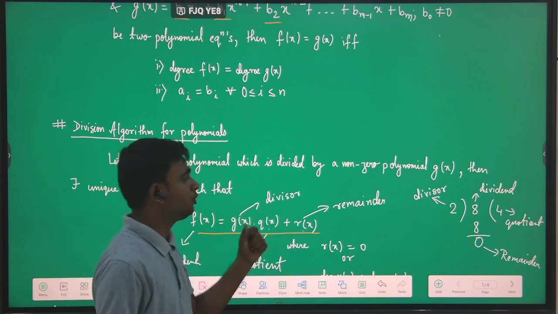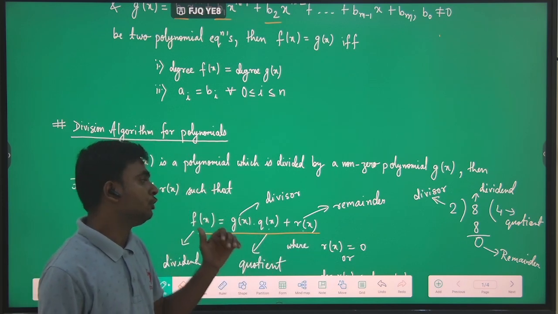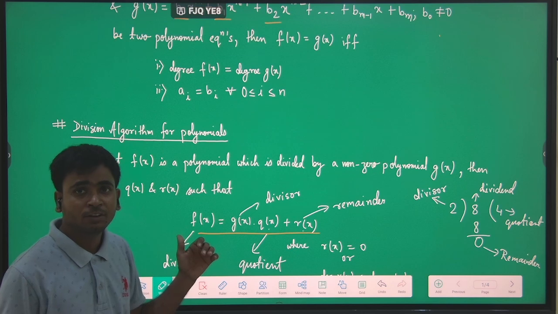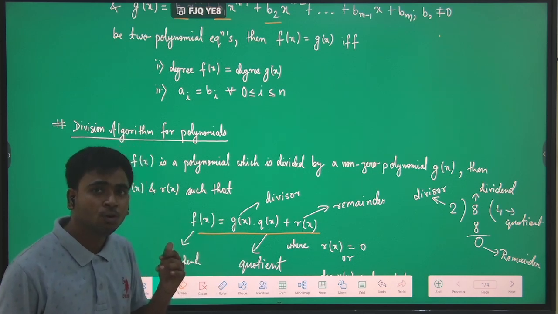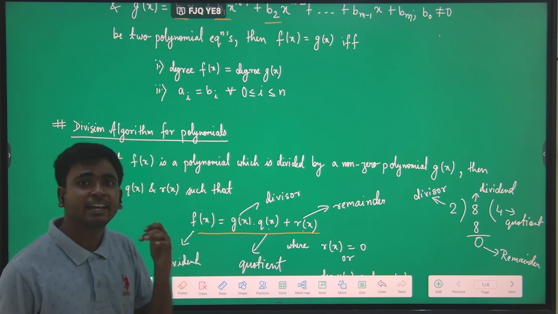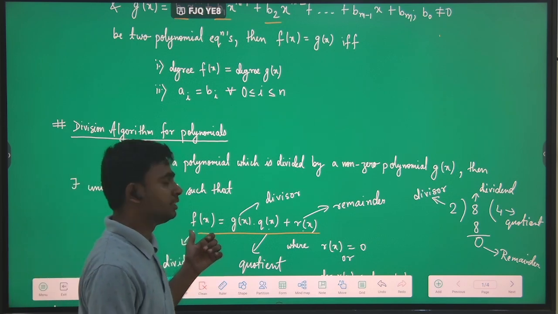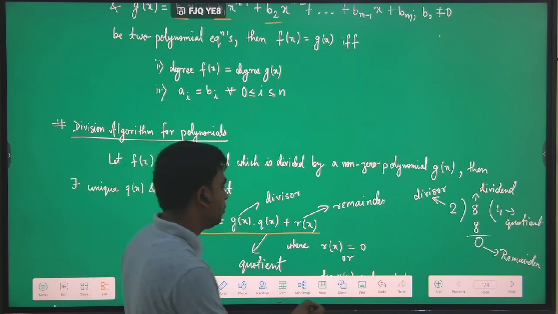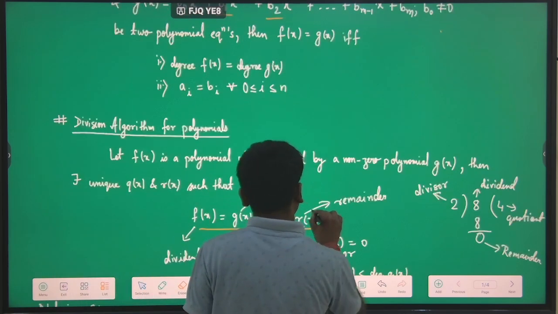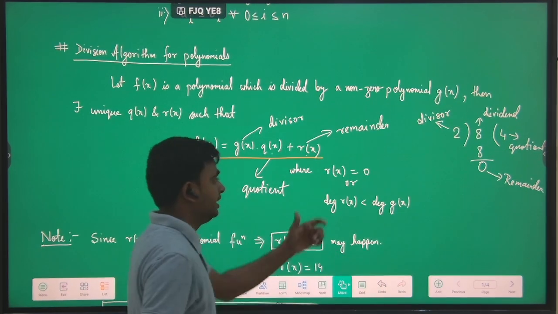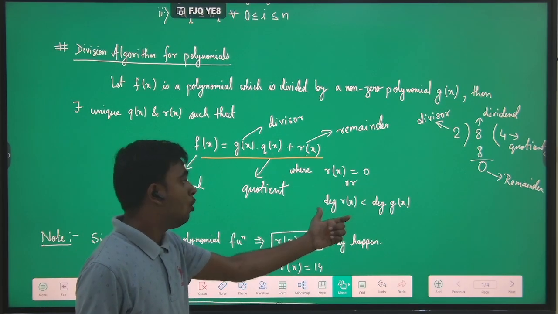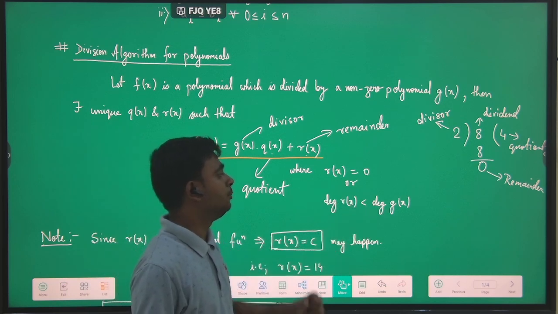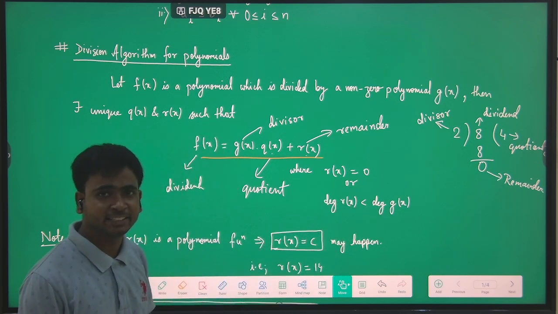Now, what is the condition for r(x)? For the Euclid division algorithm, the remainder is always equal to 0, or greater than 0 and less than the divisor. But here, the remainder is either 0, or the degree of r(x) is less than the degree of g(x).